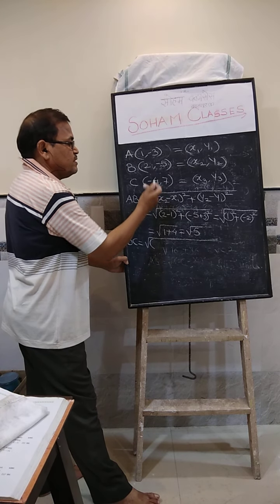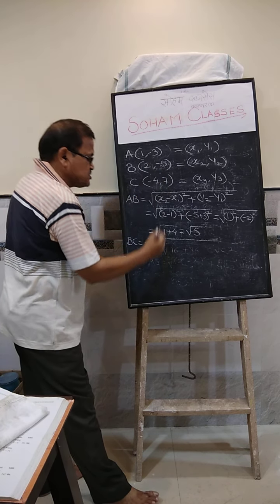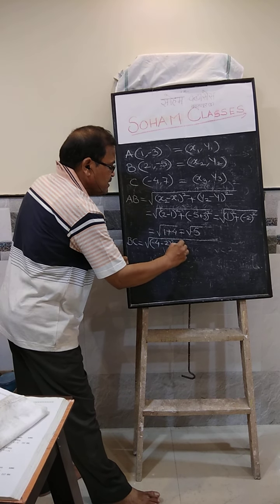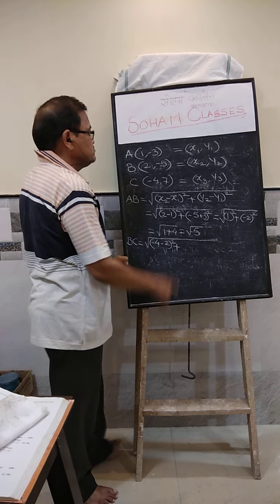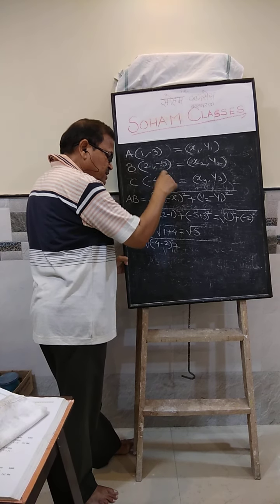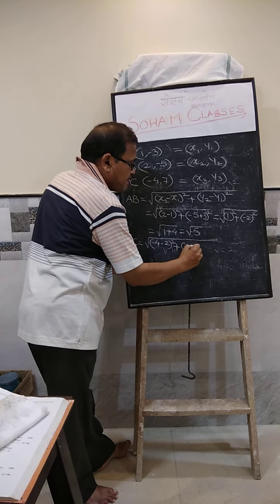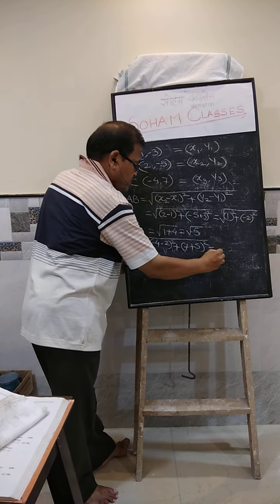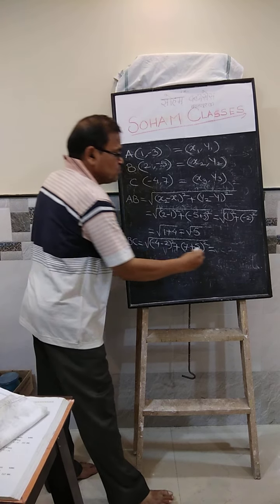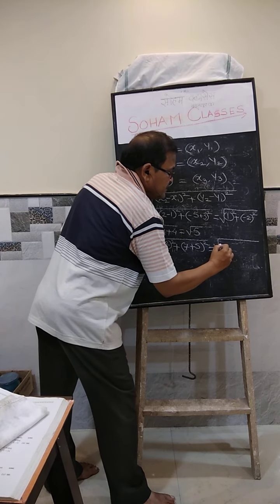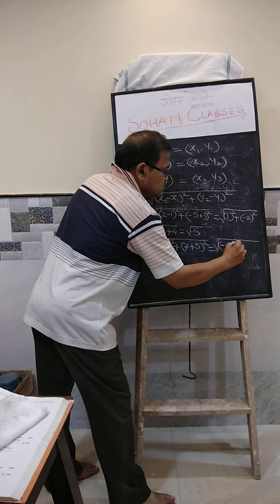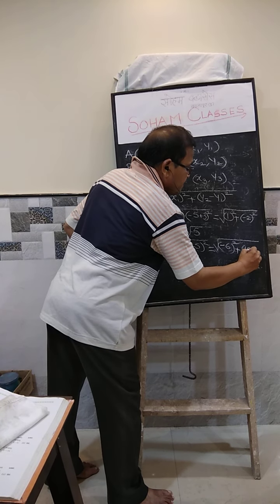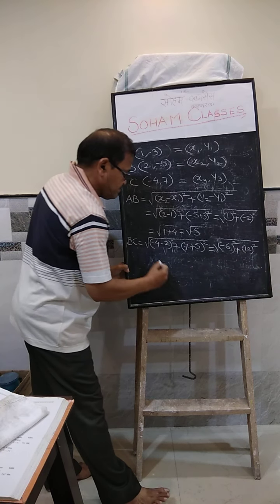Distance between B and C: under root (x3 minus x2), minus 4 minus 2, bracket square plus (7 minus 5) bracket square. Minus 4 minus 2 is minus 6 bracket square, plus 7 plus 5, 12 bracket square.